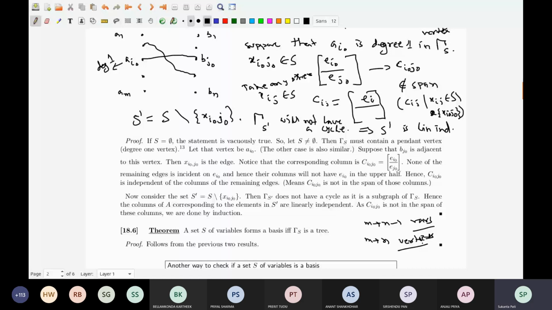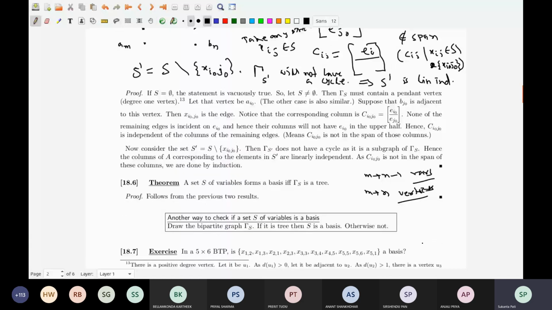So here is a third test, and this graph theoretic condition is more useful. I will show later also. So how do you check whether a given set of variables is a basis or not? This one says just draw the graph. Check whether it has a cycle or doesn't have a cycle.